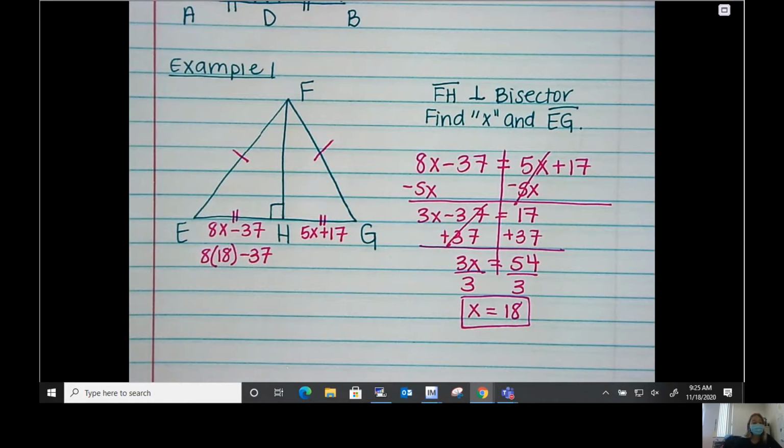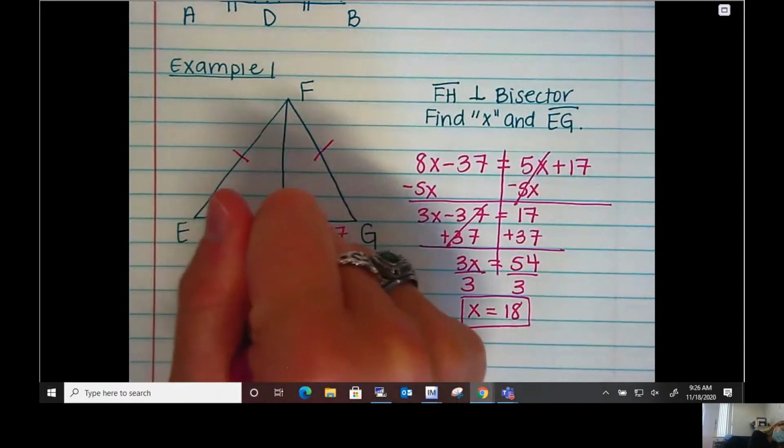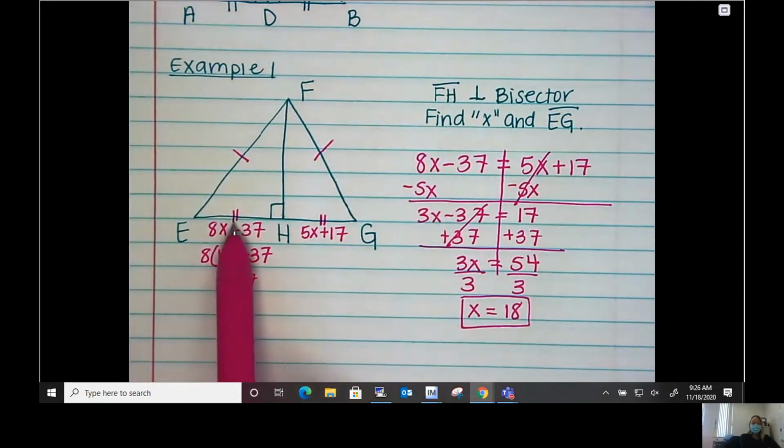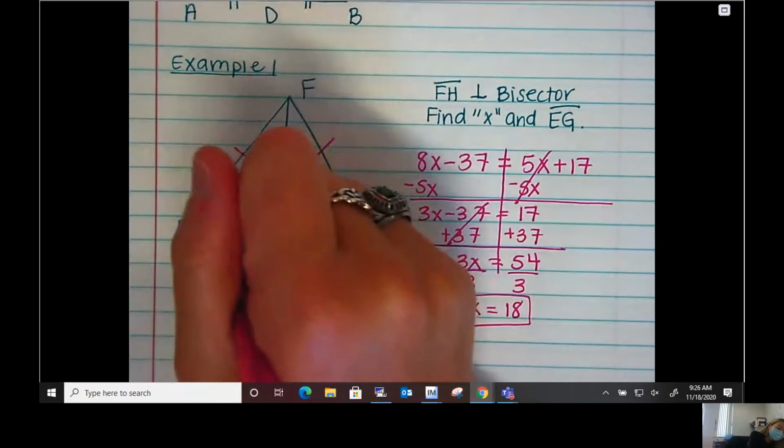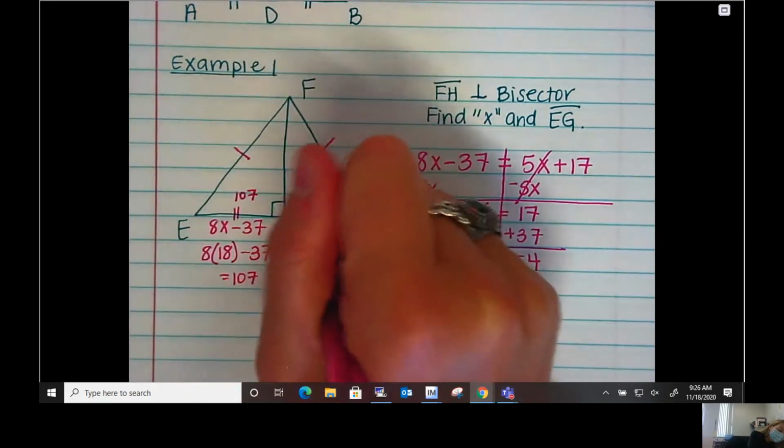Thank you. 8 times 18 gives me 144, and if I subtract 37 from it, I get 107. Okay, so this piece right here is 107. What does that mean this piece right here is, without having to plug anything in? It's 107 again. Good. So this piece is 107.